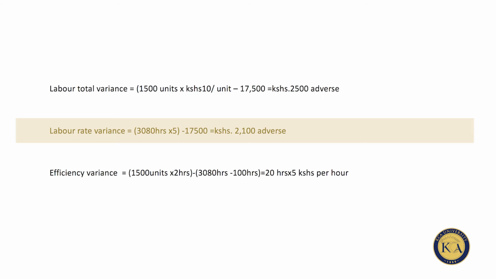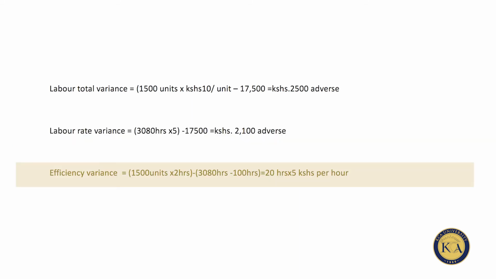So 3,080 hours at 5 shillings per hour should have cost about 15,400, but we ended up spending 17,500 shillings. That means our rate variance is an adverse variance. We ended up spending more in terms of the payment of the hours spent, 2,100 adverse.